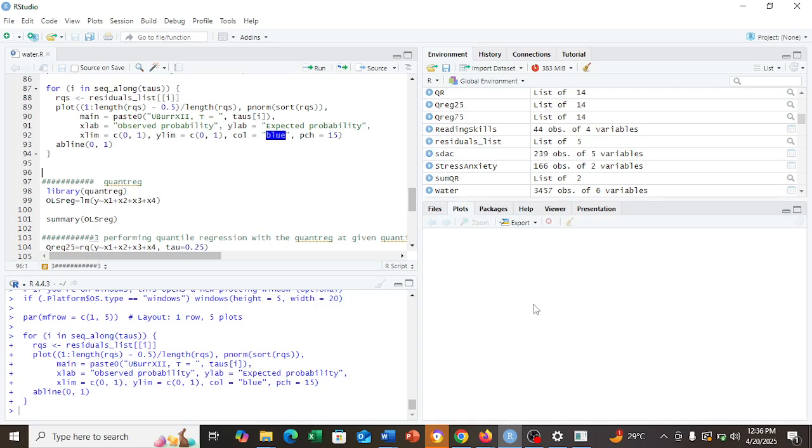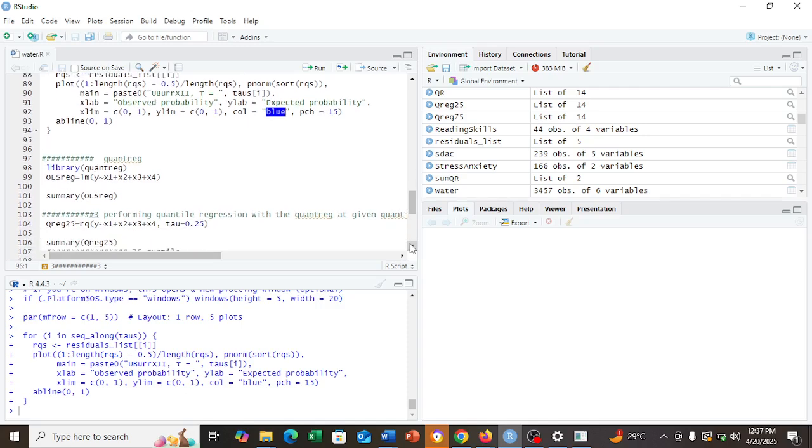We'll continue with quantile regression. Like I said, we are going to look at 3 ways of running quantile regression in R. So the second way of running quantile regression is the quantric package. Now, what is the difference between the uniquantric and the quantric package?